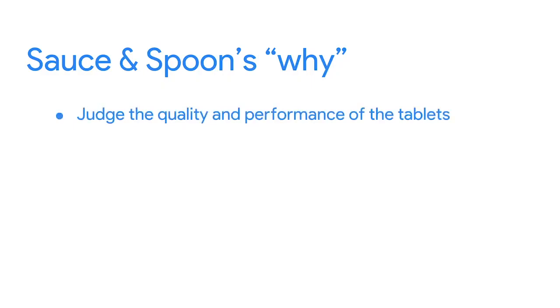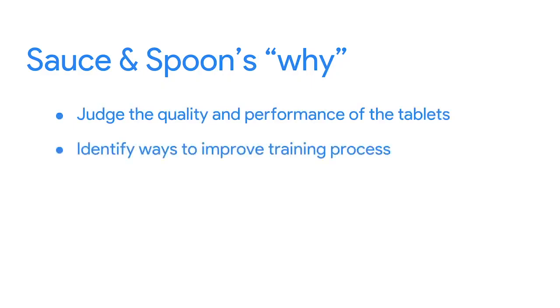In an upcoming meeting with stakeholders, Peta will need to provide an update on the project's progress and share an evaluation of this milestone. It's important for Peta to share this evaluation since it will inform stakeholders on future phases of the project and beyond, including a tablet rollout at 2 more restaurant locations. So Peta's why is judging the quality and performance of the tablets and identifying ways to improve the training process.